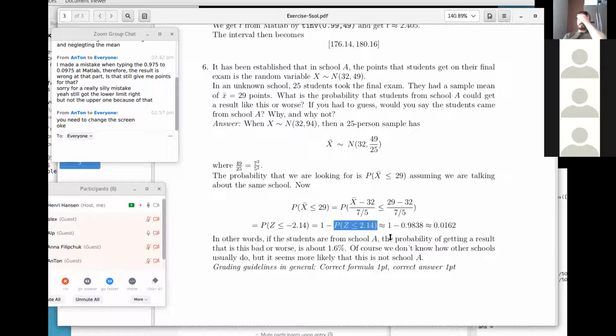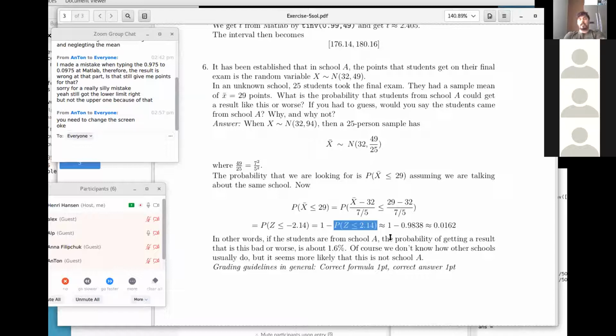And we know something about those other schools, their averages. And for argument's sake, let's say that all those other schools have a higher expected number for this grade.